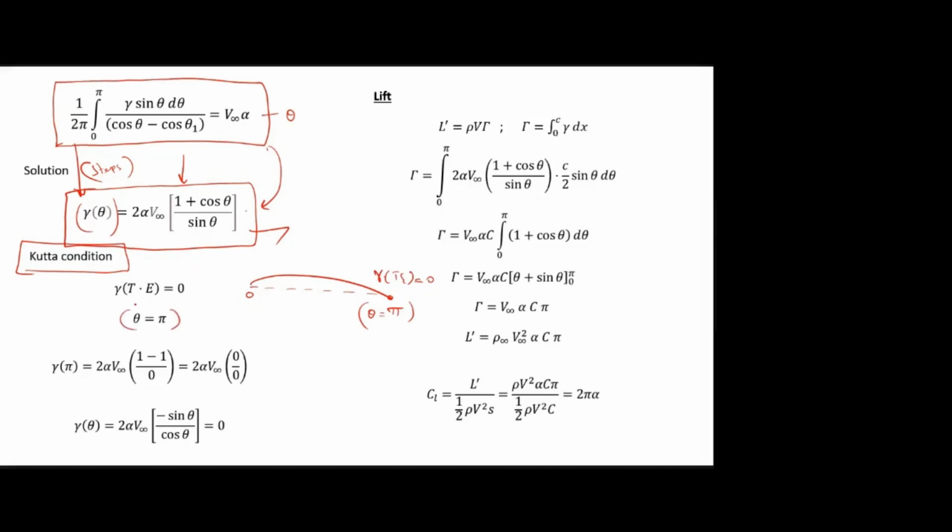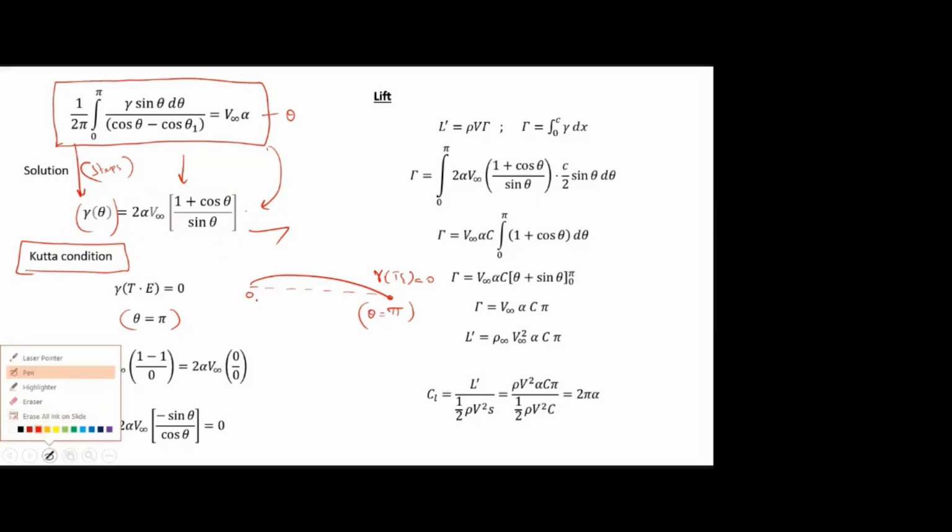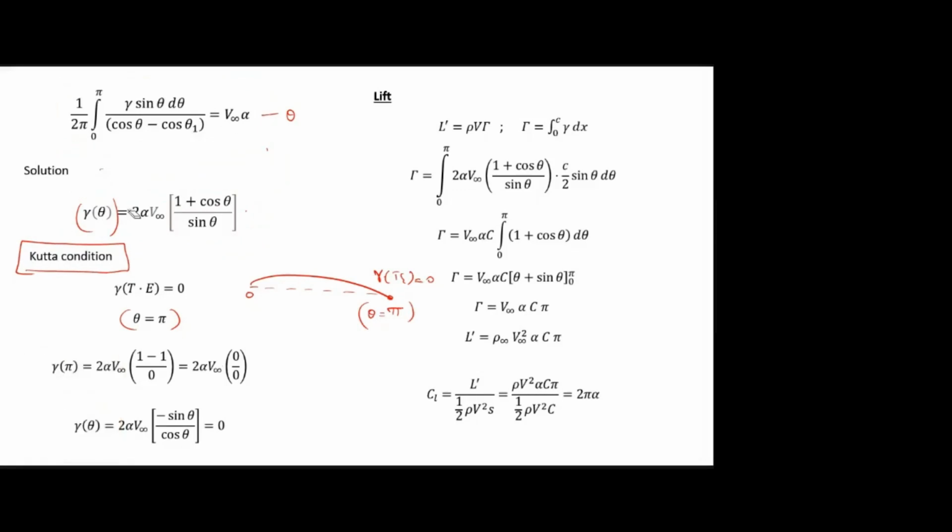Take this equation and everywhere substitute pi for theta. Cos pi is minus 1 and sin pi is 0, so it forms a 0 by 0 indeterminate form. If it is an indeterminate form, which rule do you have to use?